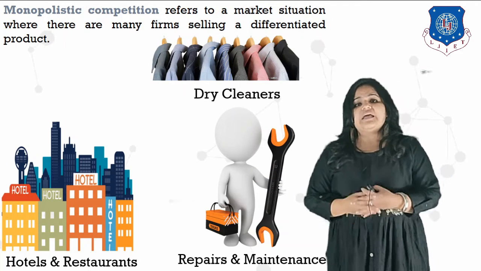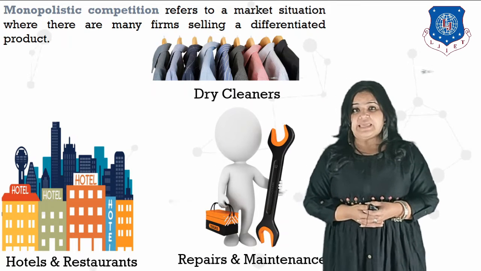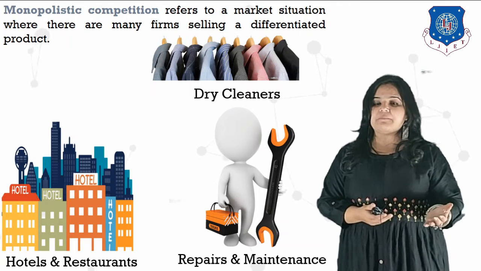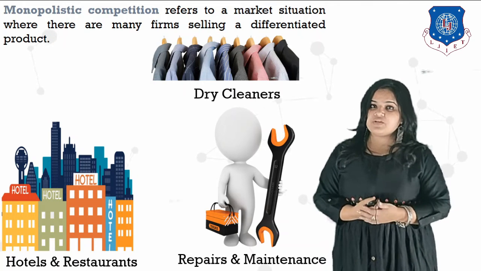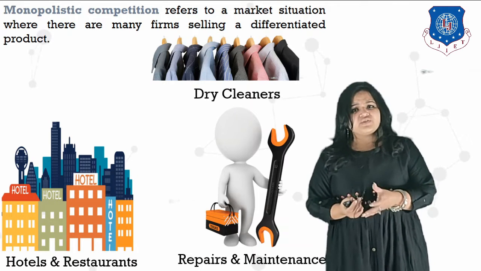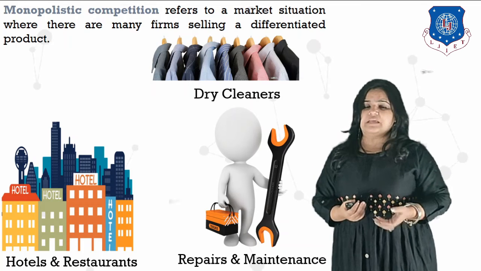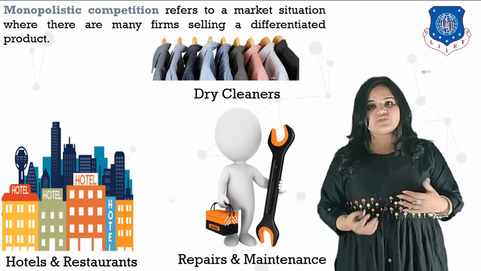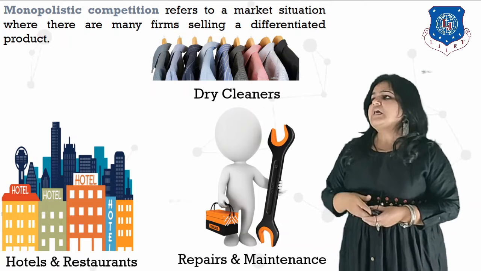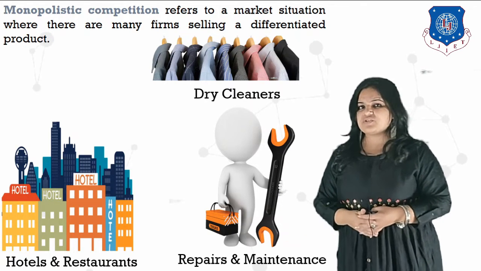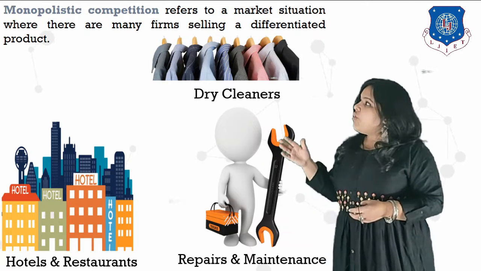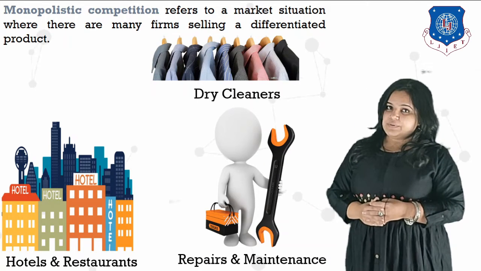Apart from this, we have many examples like the vendors selling plastic products like plastic buckets, tubs, etc. They are in monopolistic competition. The street side vendors who are selling jewelry, earrings and stuff, those are in monopolistic competition. The vendors selling toothbrushes of different type are in monopolistic competition. All these are in monopolistic competition.